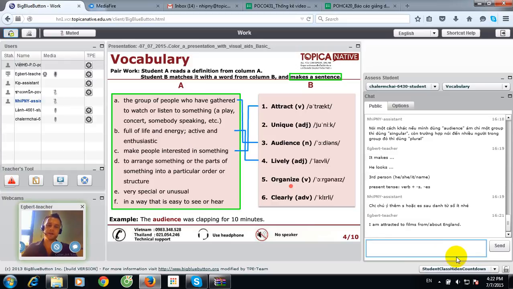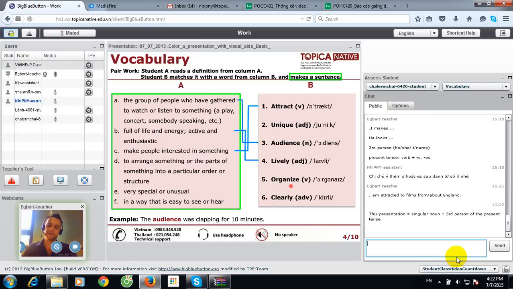So that goes together with the third person of the present tense. So this presentation attracts. Attract, an S. Yeah, attracts. Very good. So remember the third person, that is the singular noun.